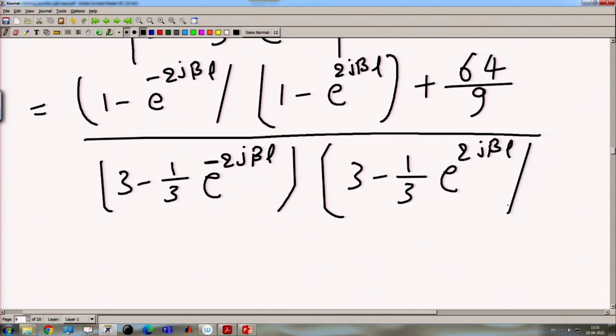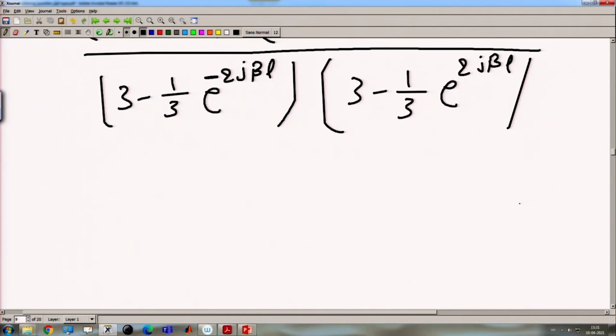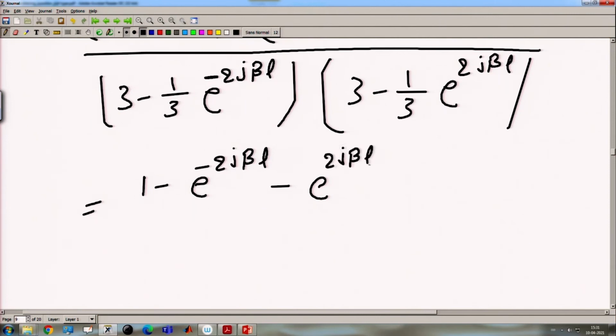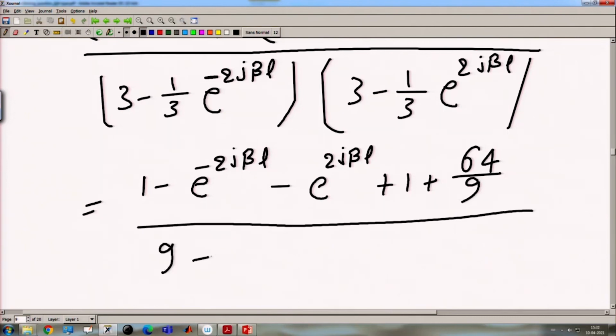After this we have to multiply this, and it will come 1 minus e to the power minus 2 j beta L minus e to the power plus 2 j beta L plus 1, plus 64 by 9 divided by 9 minus e to the power 2 j beta L minus e to the power minus 2 j beta L plus 1 by 9.